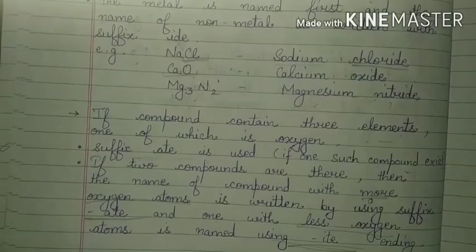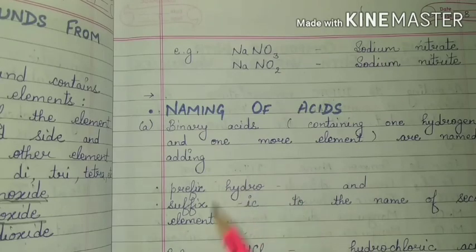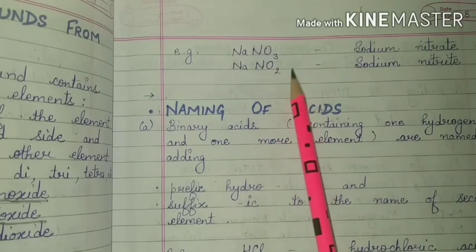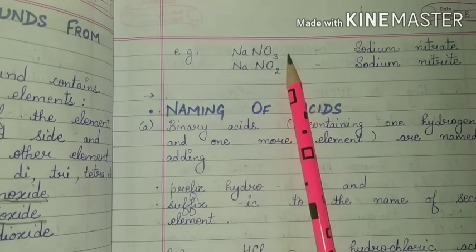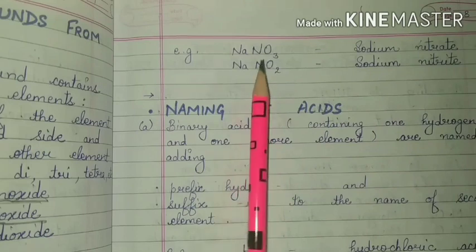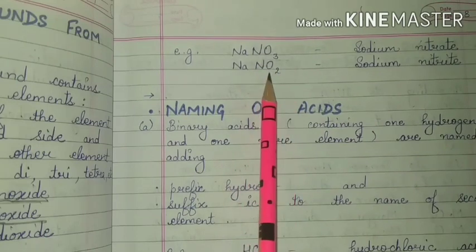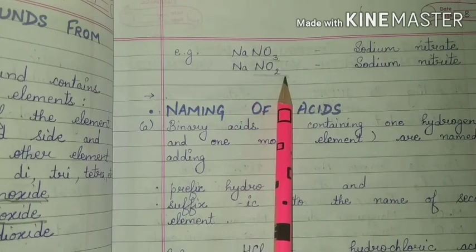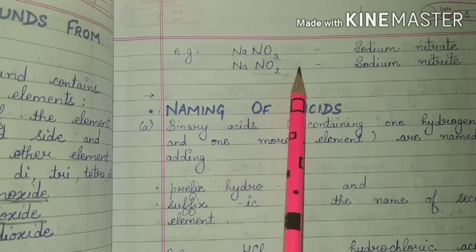For example, here we have two compounds, NaNO3 and NaNO2. Both of them contain three elements, one of which is oxygen. Here we have O3 and here we have O2: more oxygen atoms, fewer oxygen atoms. And what did we just discuss?